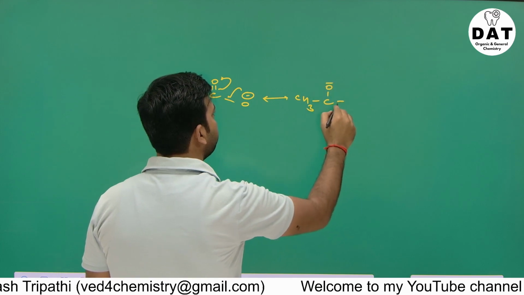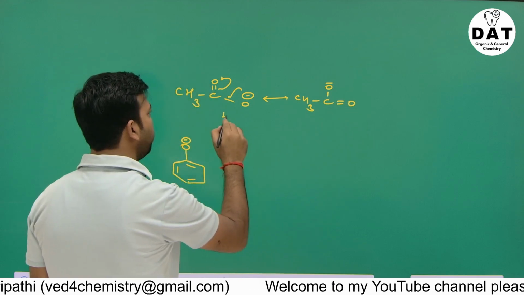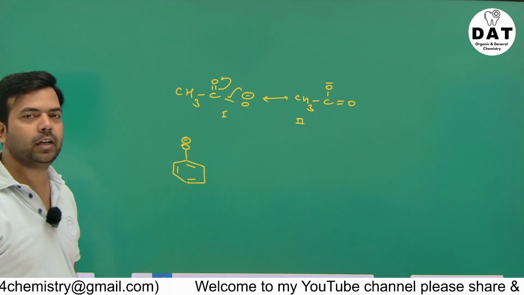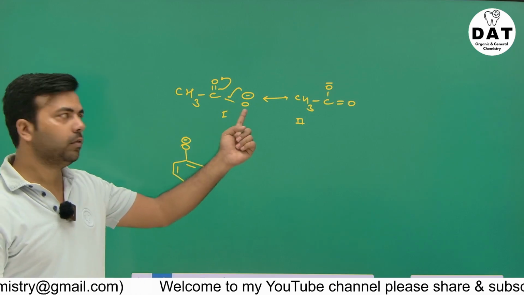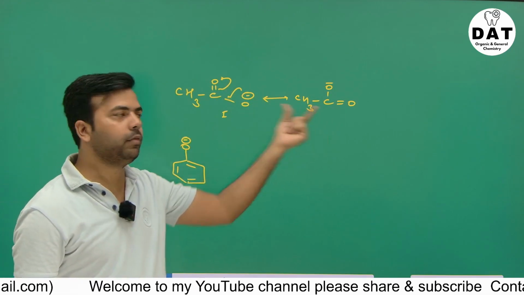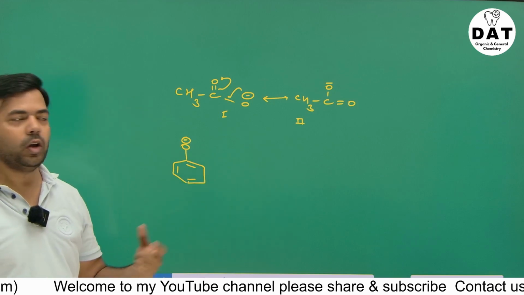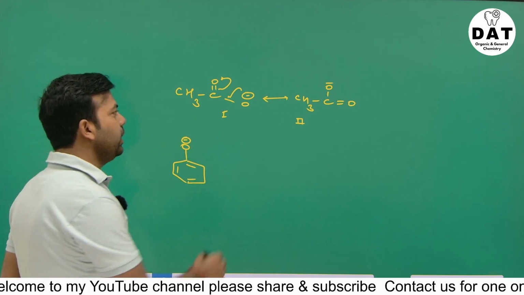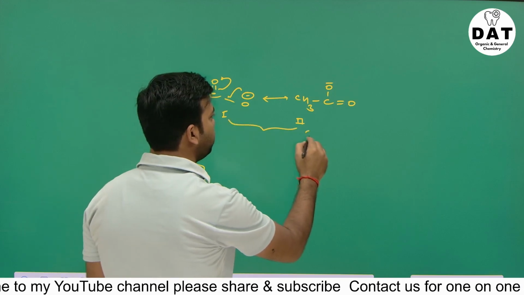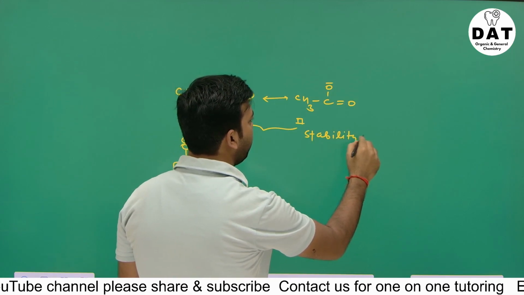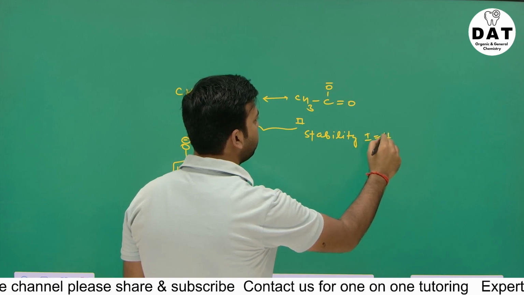So these 1 and 2 are identical resonance structures. Why identical? Because oxygen is negative, oxygen is negative, C double bond O, C double bond O. Everything is the same. This is called identical resonance structures, and in identical resonance structures 1 and 2 have equal stability. So if you look at the stability, 1 and 2 are equally stabilized.